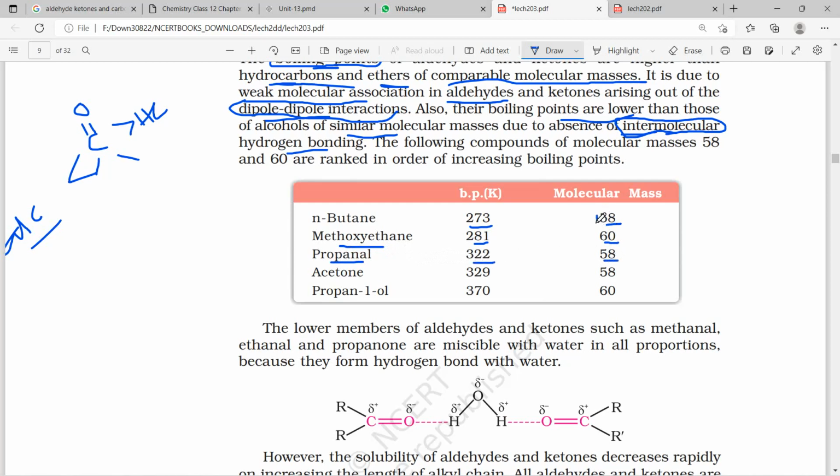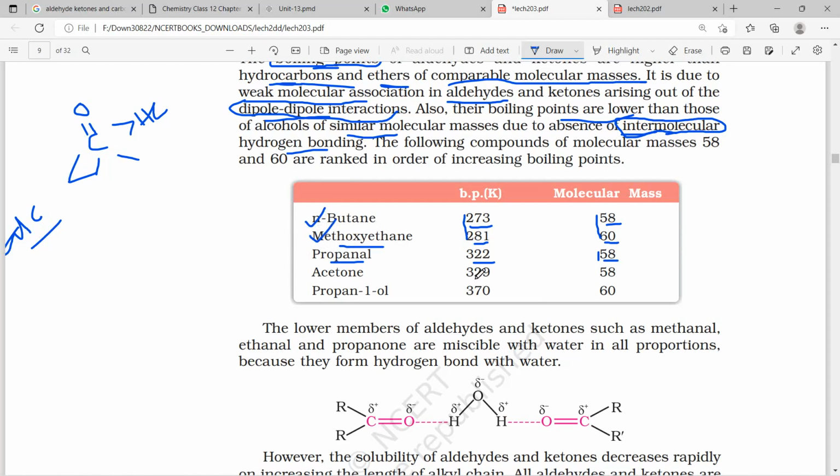Here 58, 60 and 58, almost equal molecular mass, but see the difference in the boiling point. Here it is 273, 281, around 270 to 280, but it is 322, almost 30 degrees higher. This is due to the dipole-dipole interactions, giving it a higher boiling point than the corresponding hydrocarbon and ether.